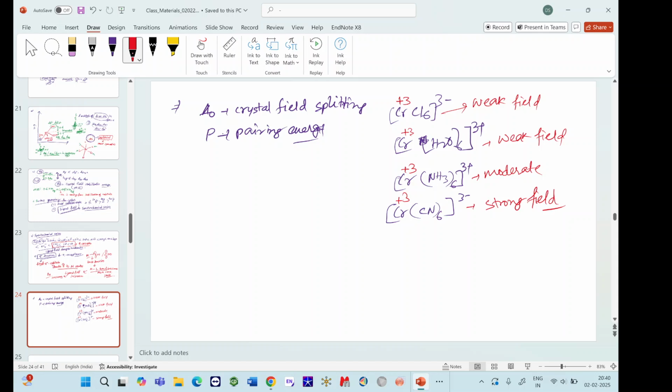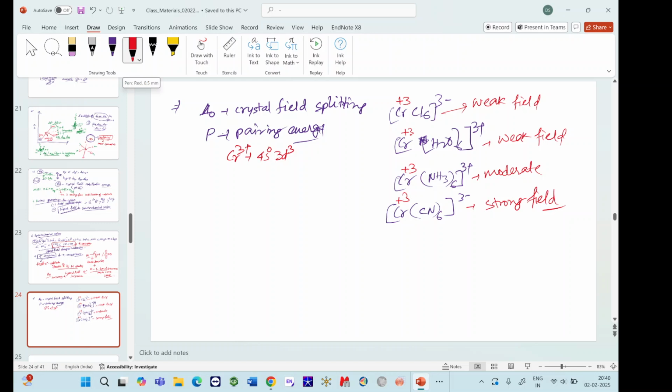Let us see for chromium. So chromium is chromium 3 plus, so it is 4s0 3d3.